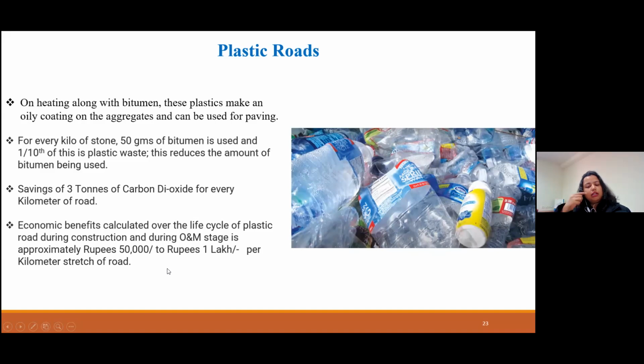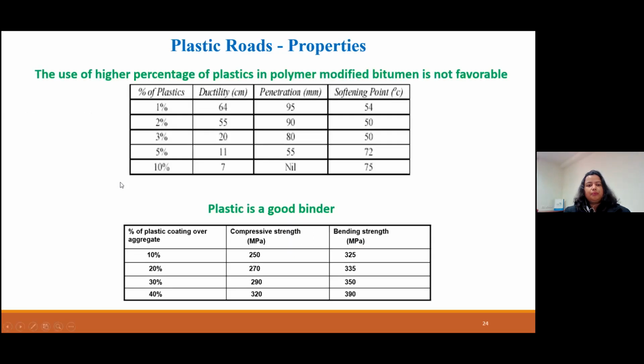As I told you earlier, even in the base minimum configuration of the design mix, you save around 50,000 rupees to 1 lakh rupees per kilometer stretch of road. Also, another added benefit is that a huge quantity of plastic is used for a short stretch of road. When you make a 1 kilometer stretch of road, you end up using a great quantity, which adds to waste consumption and utilization.